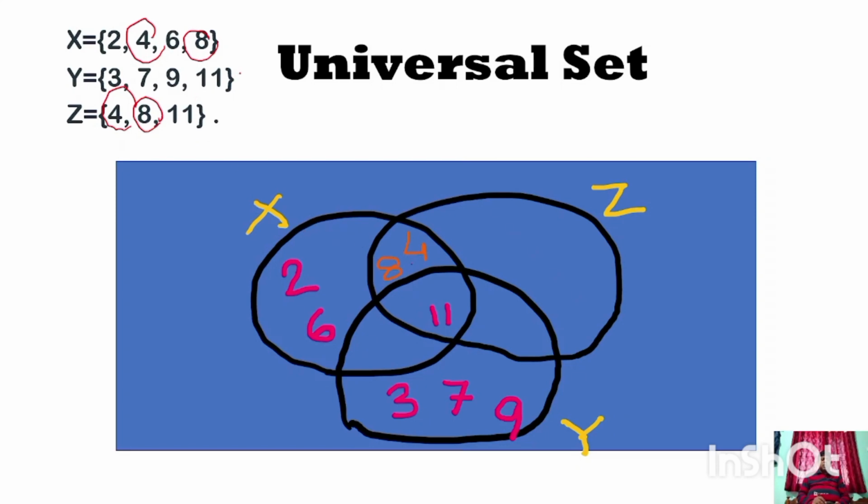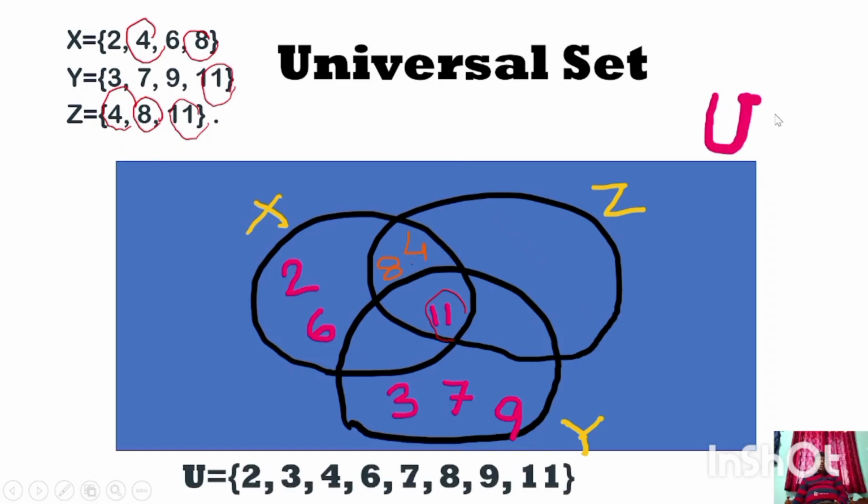Similarly, if you see the sets Y and Z, here 11 is an element of the set Y, and 11 is also an element of the set Z. Here Z and Y are overlapping sets with 11. Understand? Okay. Is it clear? So these are examples of the universal set.